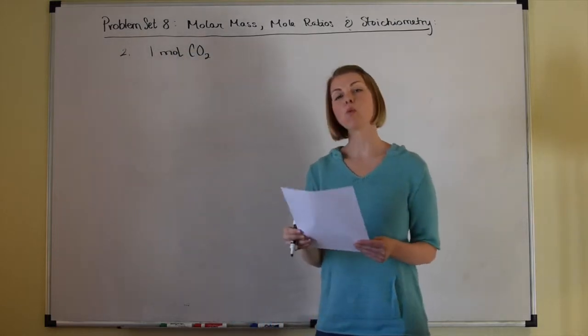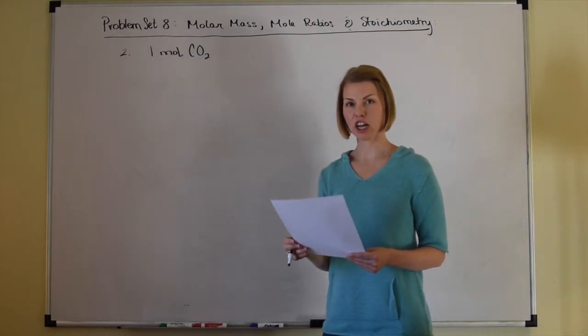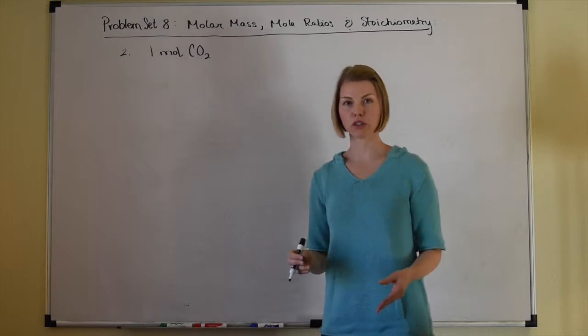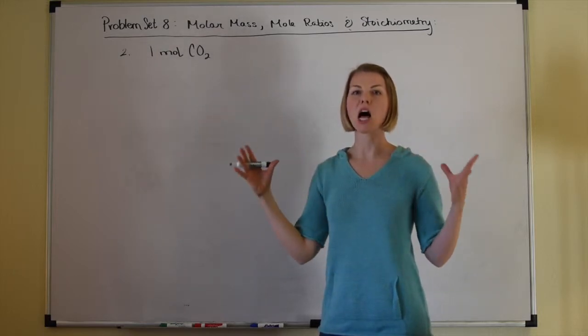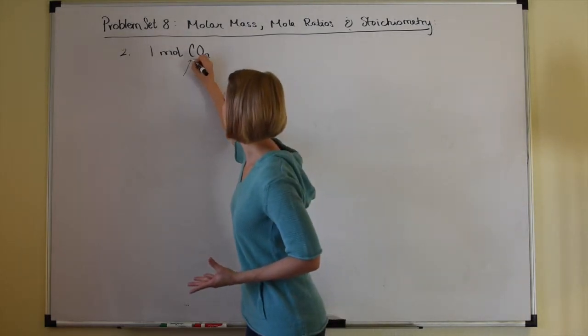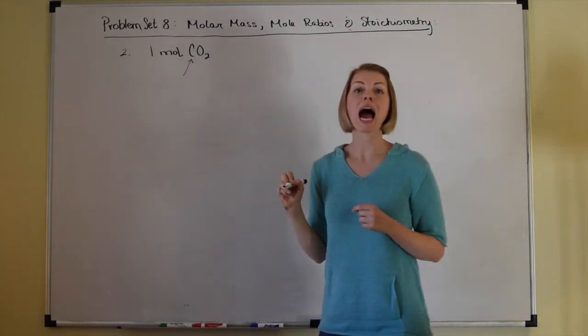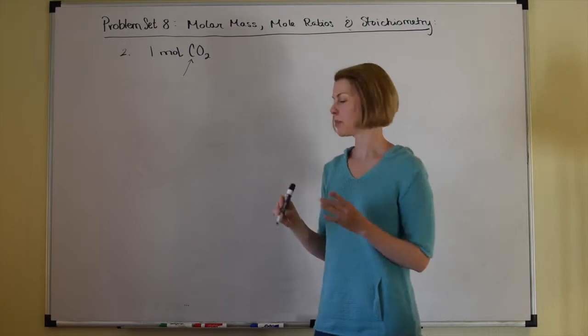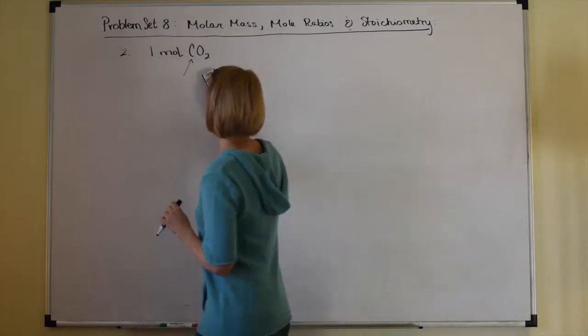Okay, so in 1 mole of carbon dioxide, there are 6.022 times 10 to the 23 molecules of carbon dioxide. So how many individual carbon atoms? Well, each molecule has 1 carbon atom. So it might help to think of it this way.